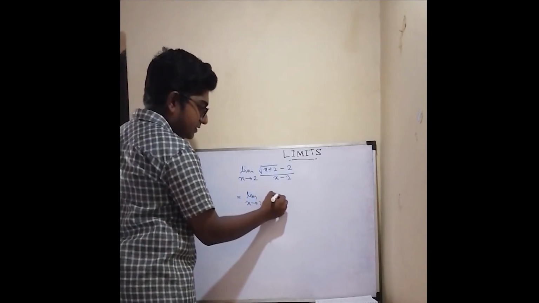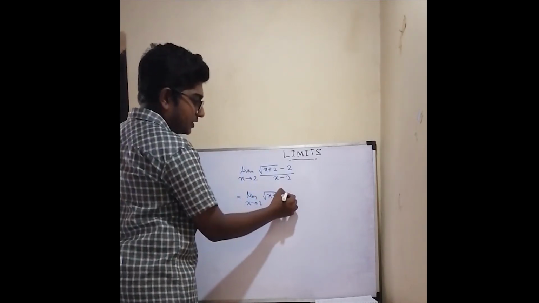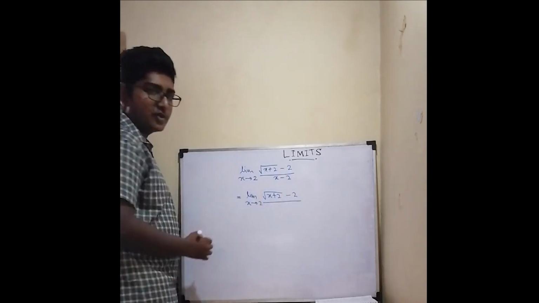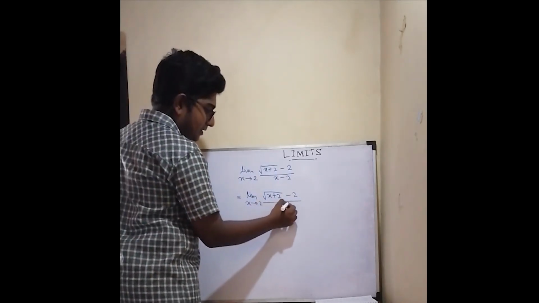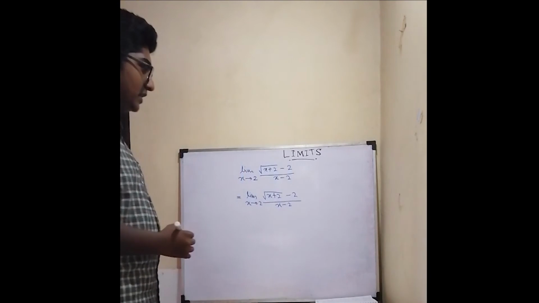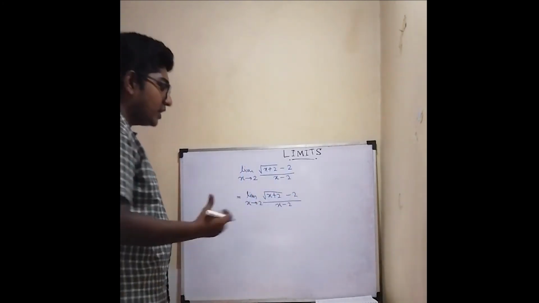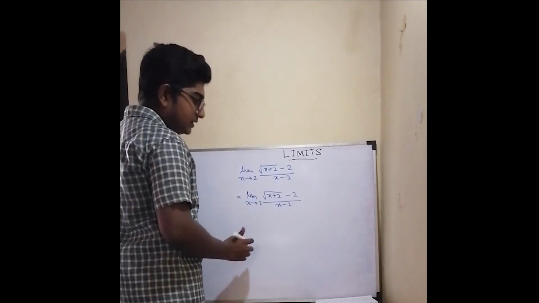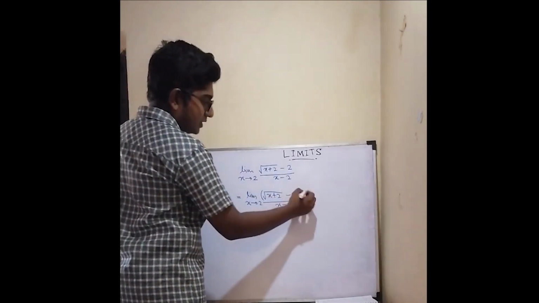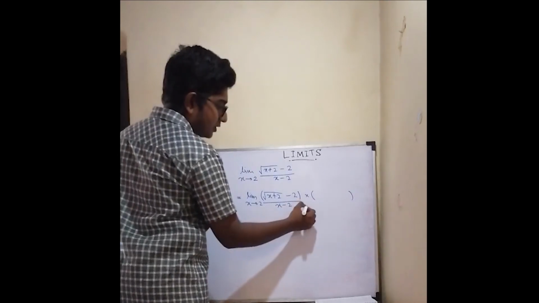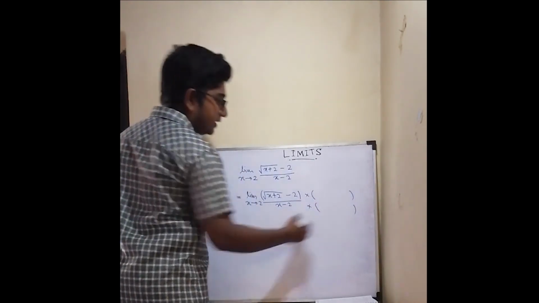How to simplify this? This is not just a difference of two squares. An advanced concept. Square root and minus number. When you have square roots like this, keep in mind the concept called conjugate.